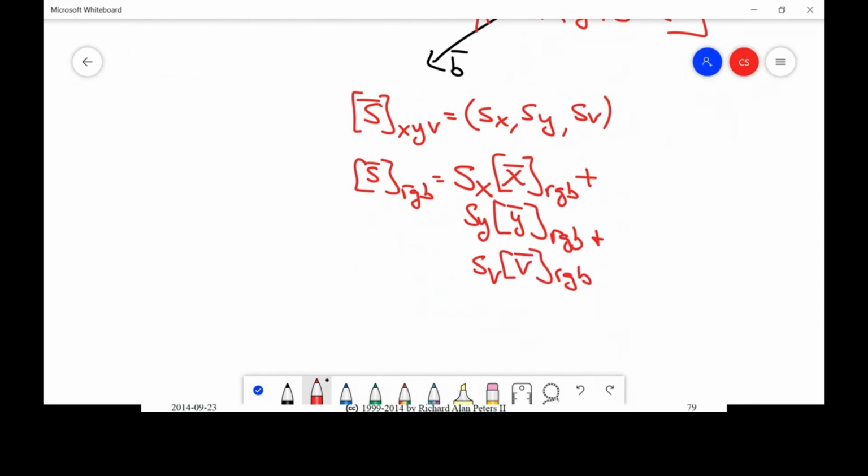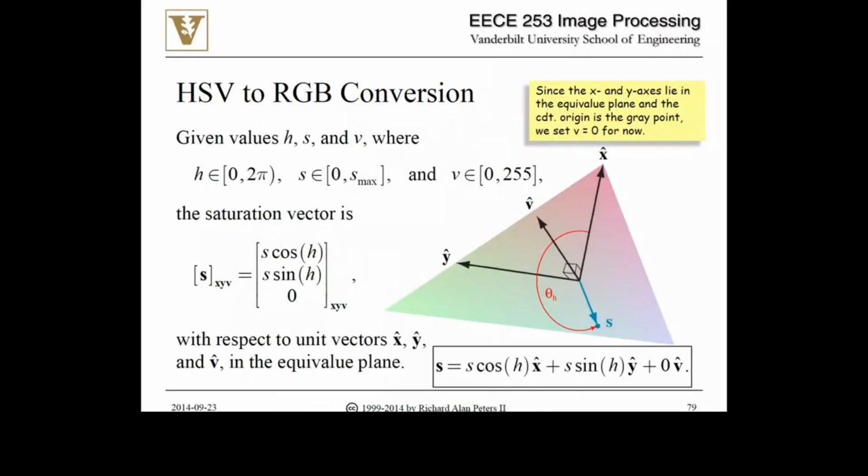Would you agree with that? If I want to change the coordinates of a vector that is expressed in some coordinate system, I have to take those coordinates and multiply them times the expression of the corresponding basis vectors in the new coordinate system. This is a generic algebraic result. So that is what we are doing: I'm taking the coordinates of S and multiplying by the expression of X, Y, and V.